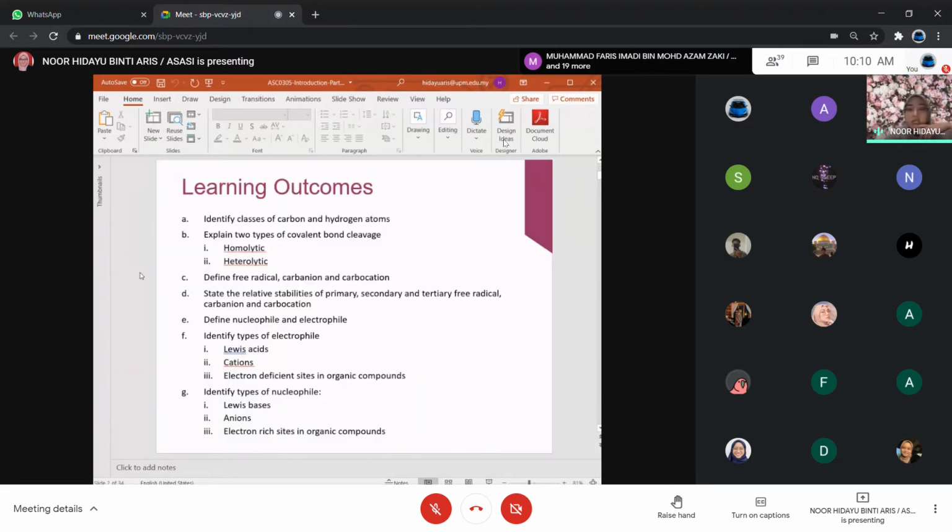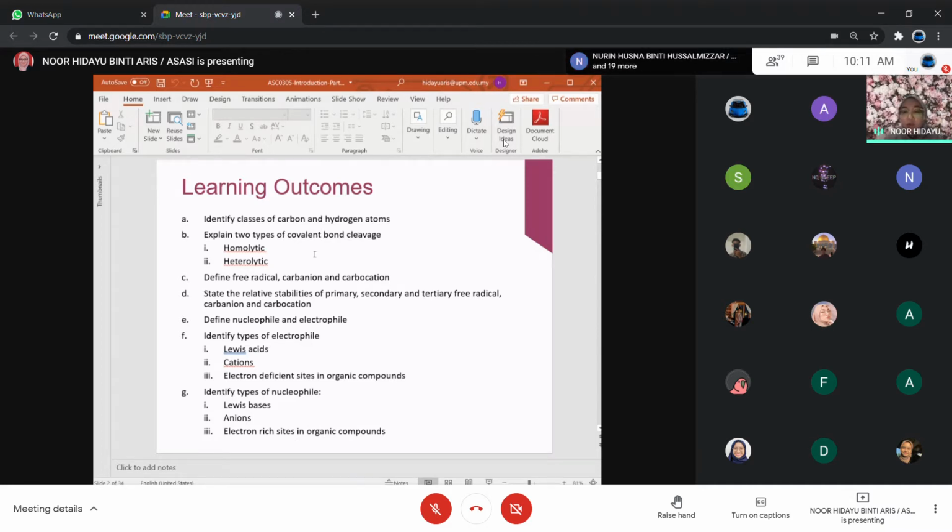So these are the learning outcomes. Right, so the first one, you need to identify classes of carbon and hydrogen atoms. So these are the main atoms in most organic chemistry. And then second, explain two types of covalent bond. So normally bond ataupun connection between organic chemistry lebih kepada covalent bond.